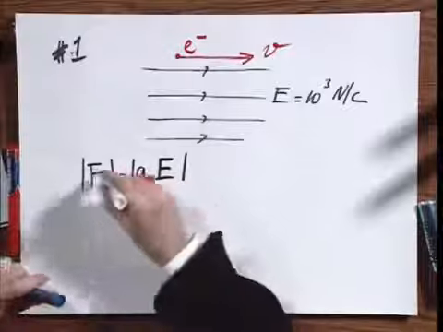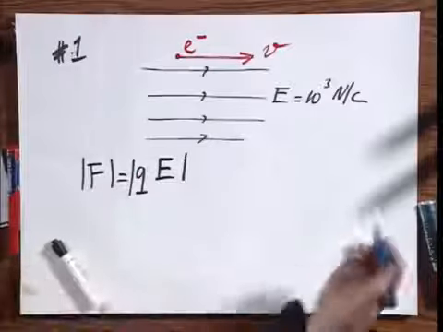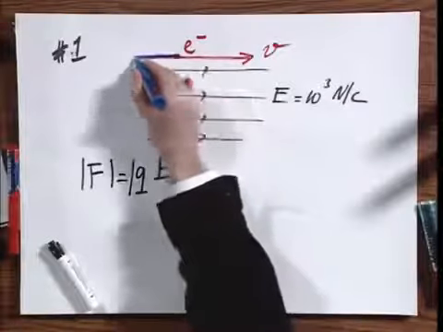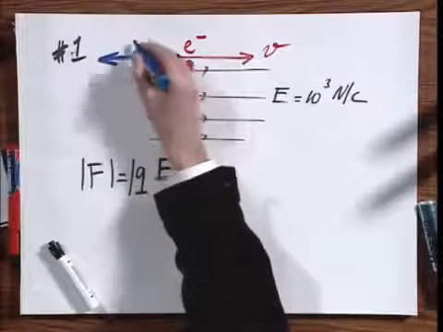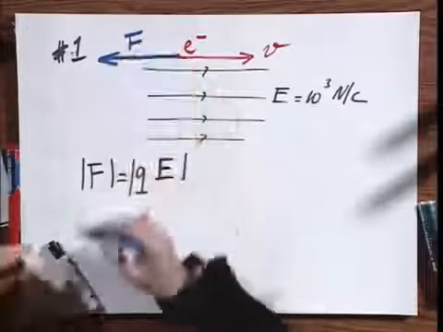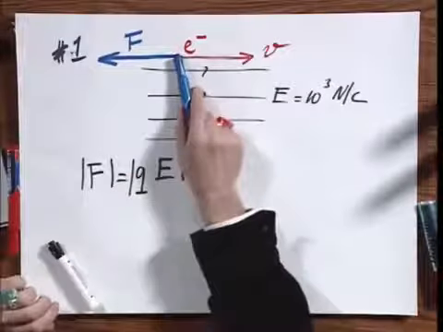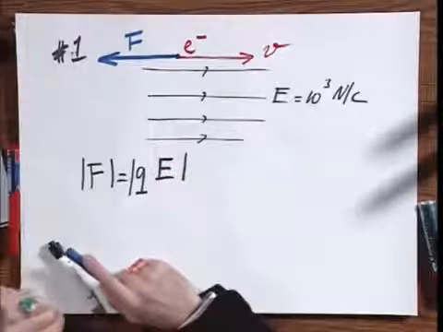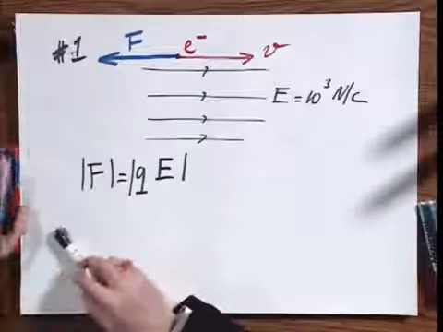And it is in the direction of the electric field or in the opposite direction of the electric field. In this case, it's in the opposite direction. And so here is that force. So the electron is being decelerated as it moves into this electric field.